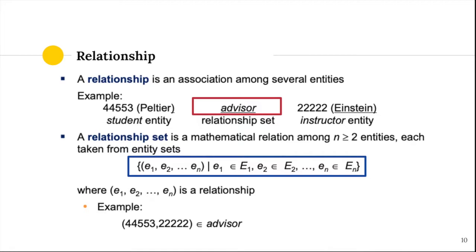So we have n different objects that we are relating, and the particular relationship is a unique instance from all those possible relationships. So a tuple containing e sub 1 up to e sub n is a relationship from the set of all relationships, which is called the relationship set. We have the simplest possible example with n equal to 2. We are relating the student entity and the instructor entity, and this particular relationship is in the relationship set advisor.